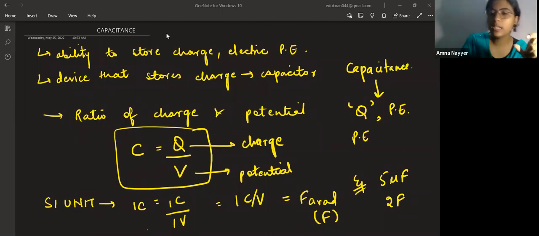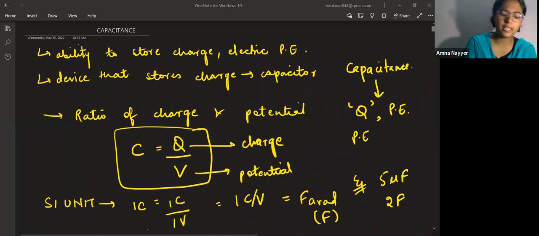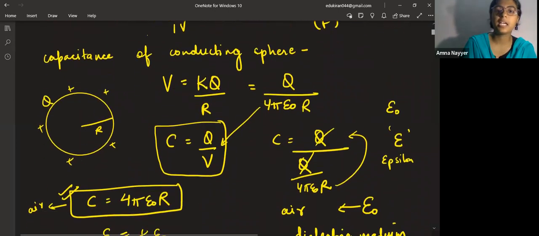So 1 capacitance value will be equal to 1 coulomb of charge divided by 1 volt, because capacitance is the ratio of charge and voltage. We have a specific unit for it, which we call farad.